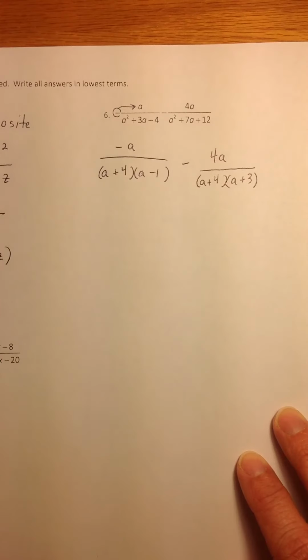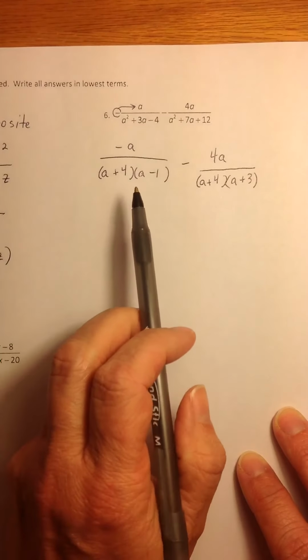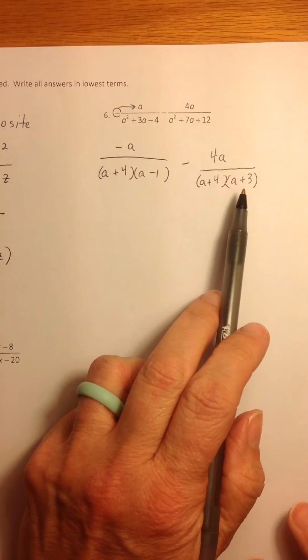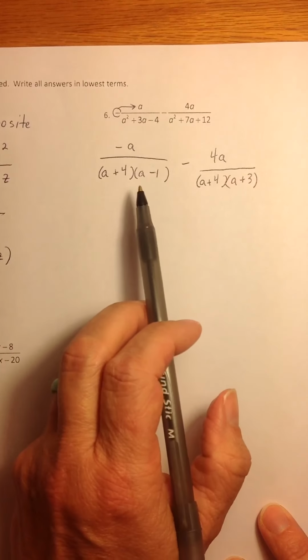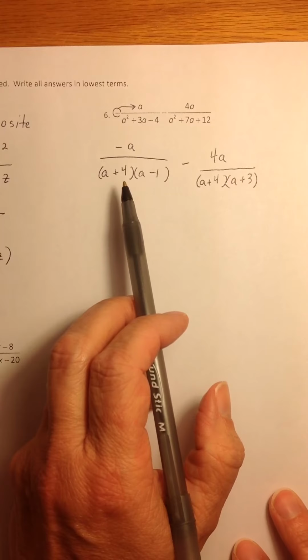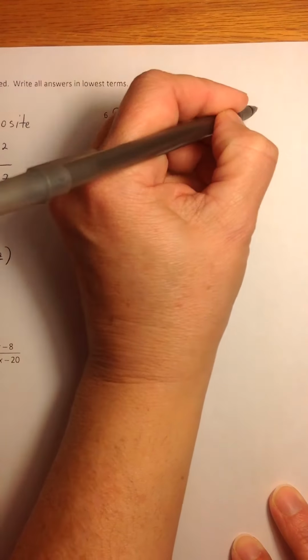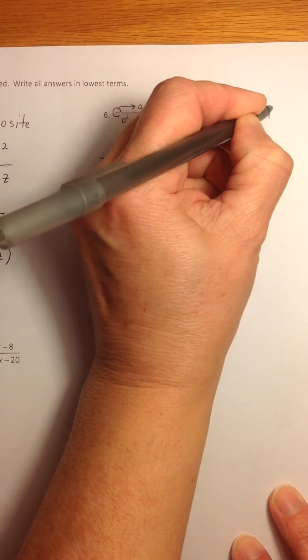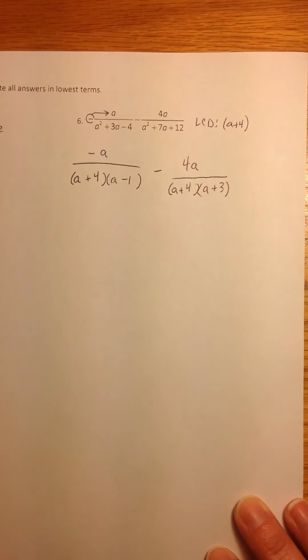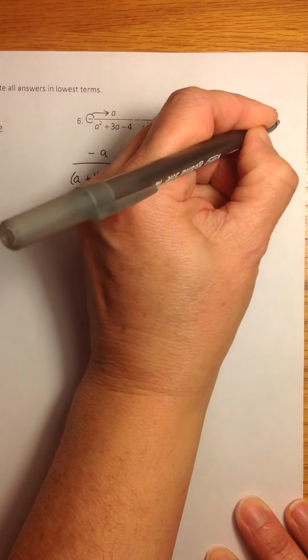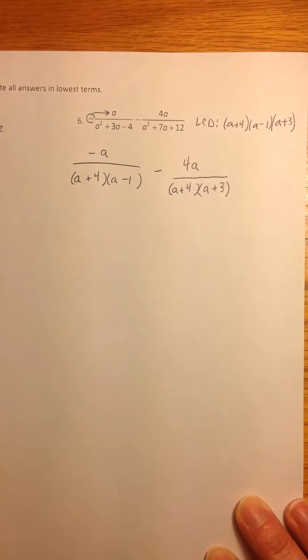Now I need to make these denominators the same. So the best strategy that I can tell you is whatever factor is here that's not here is what needs to be gained. So my LCD is a plus 4, a minus 1, a plus 3.